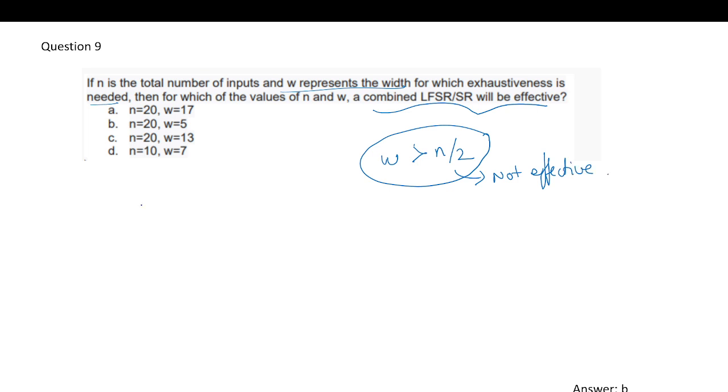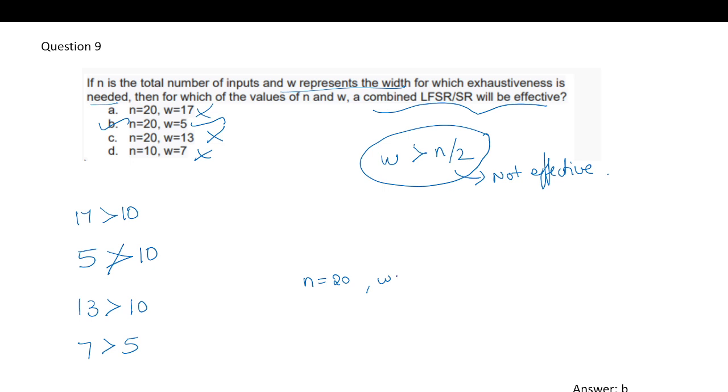So first, W is 10 and N is 17, so 10 is greater than N by 2. This will not be effective. Next, W is 5, which is not greater than 10, so this will be effective. 13 is greater than 10, so this will not be effective. 7 is greater than 5, so again this will not be effective. So option B, where N is 20 and W is 5.